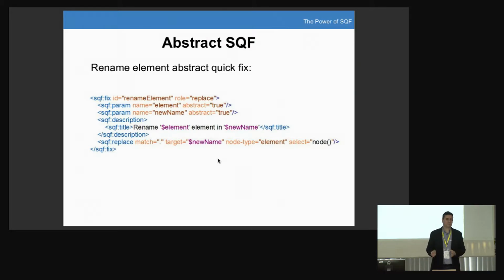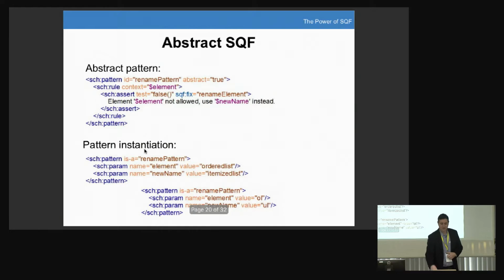that will allow you to have some abstract parameters and allow to instantiate the same action with different values. Like I have here, it's a rename element action, and you get the element and the new name, and then it just replaces the content and copies the content from the other element.